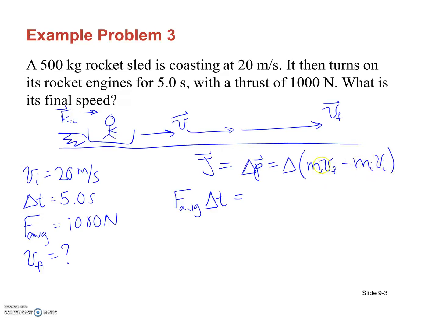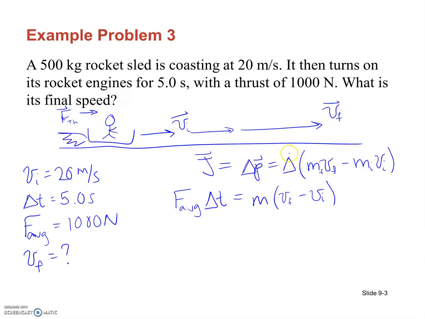So technically, the mass of our rocket changes as he's burning fuel, but we can assume that the mass of the rocket is much bigger than the amount of mass that he's combusting. And so we're going to take the initial and final mass to be the same. That's going to be generally true for all the problems I give you, unless specifically stated that the mass changes. So this becomes the common mass times the final velocity minus the initial velocity.